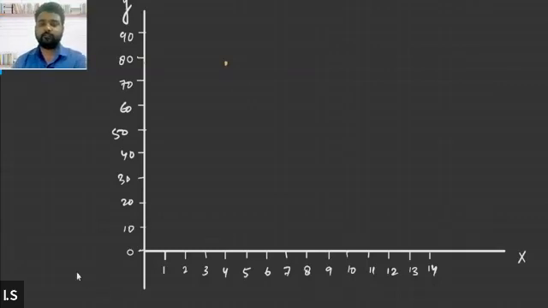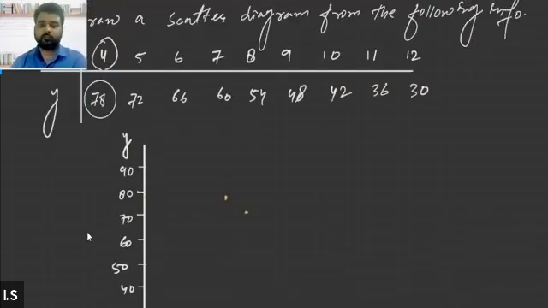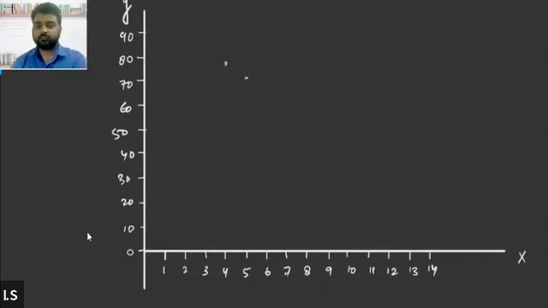After that, we have 5 and 72. So 72 will be somewhere above the 70 and 5 will be here, and this is where the dot will be formed. Then we have 6 and 66, which will be somewhere above 65, near this point.